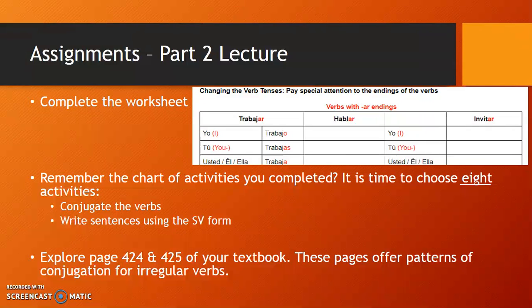So write 8 sentences. Also, if you have time, look at pages 424 and 425 of the textbook. These pages give you patterns and information for conjugation of the verbs, the things that I explained in this lecture, but also they have conjugation patterns for irregular verbs. So if you want to look into this more deeply, go for it. And that's it. Thank you.